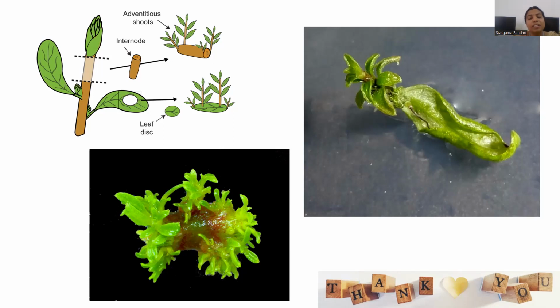Then how adventitious shoots and roots you can cut aseptically, and start your micropropagation technique. And the stages involved: it starts from stage 0, maintenance of the mother plant, then stage 1, initiation, 2 and 3, proliferation, and finally in stage 4, you will get a disease-free plant if you have done it properly.